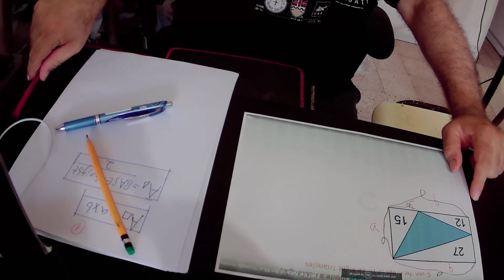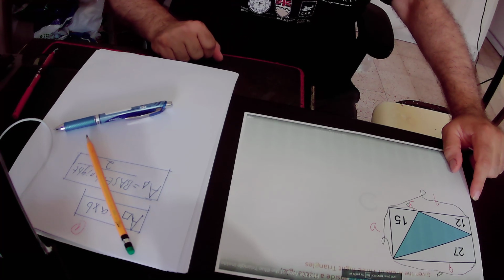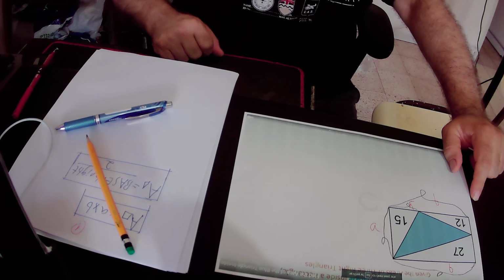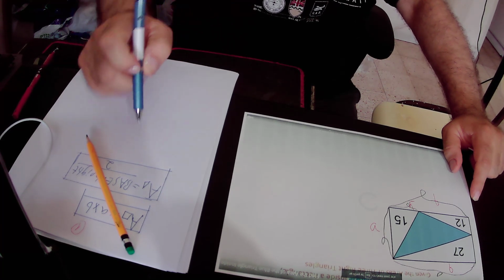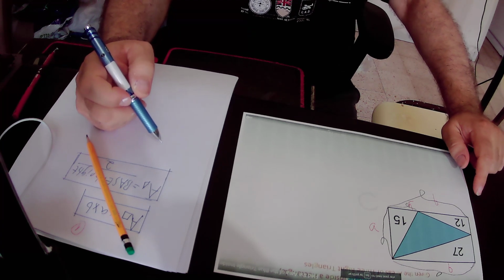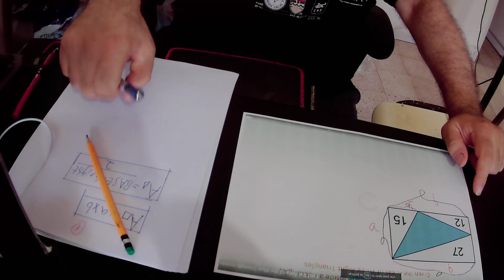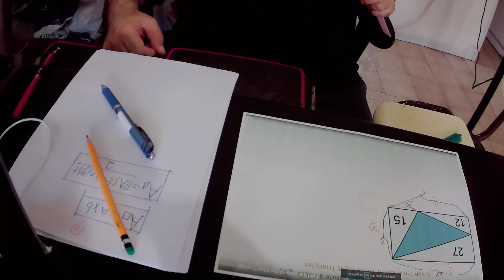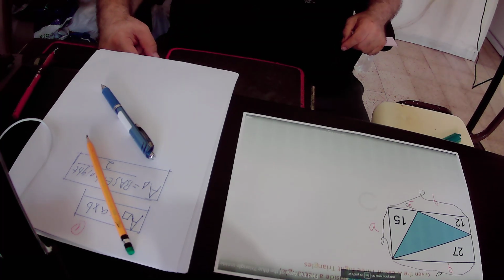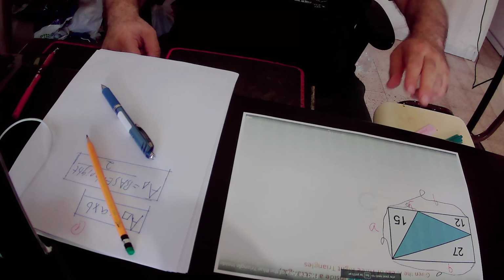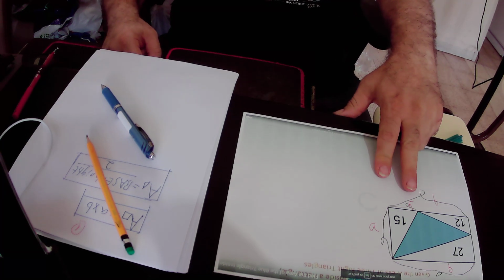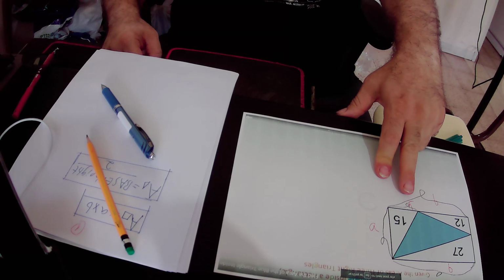So actually, first of all, this is the base of the triangle whose area is 15 units.